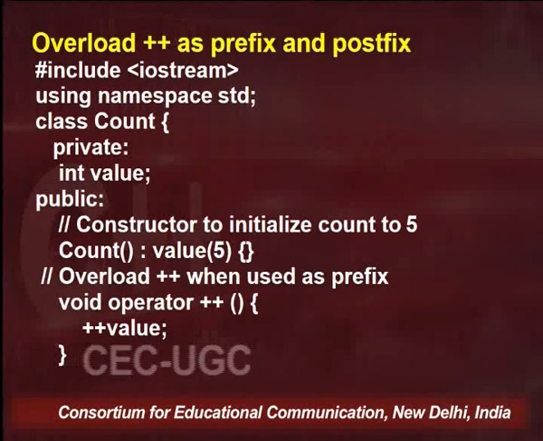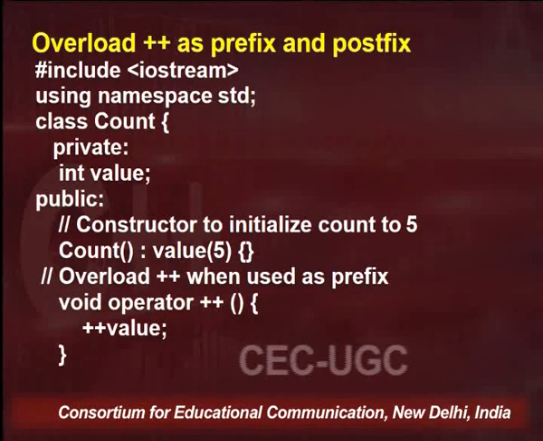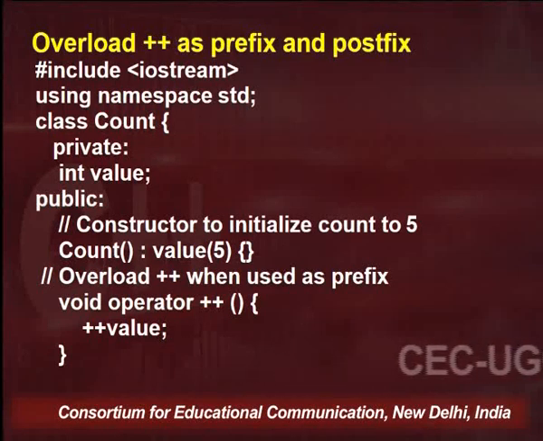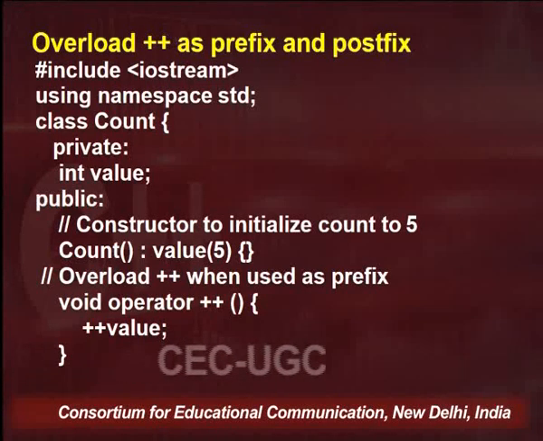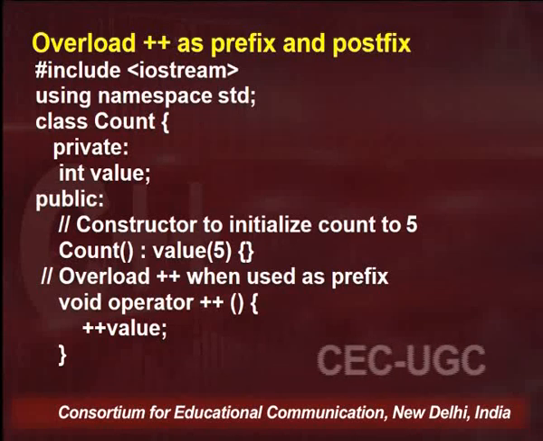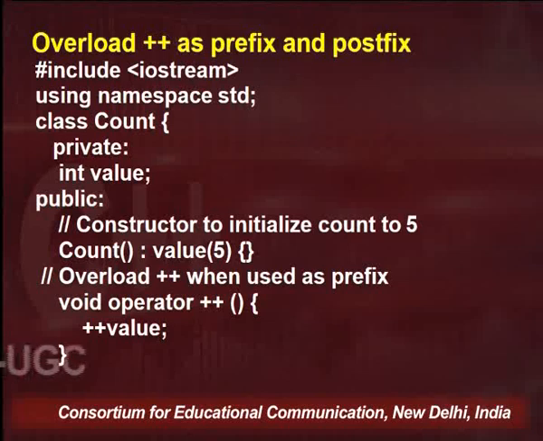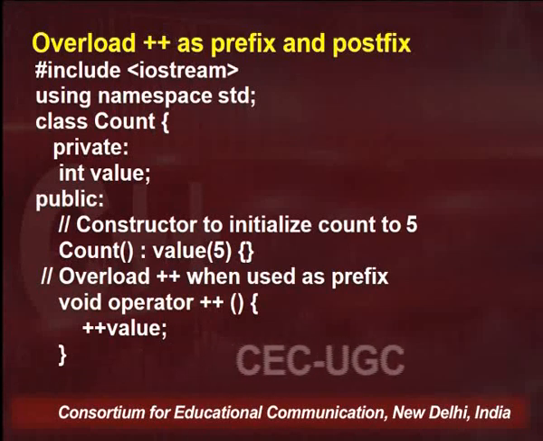So one class Count has only one private variable named value. Then there is a constructor to initialize count to, let's say, 5 or any random value, and then there is an overloaded operator which is used as a prefix.